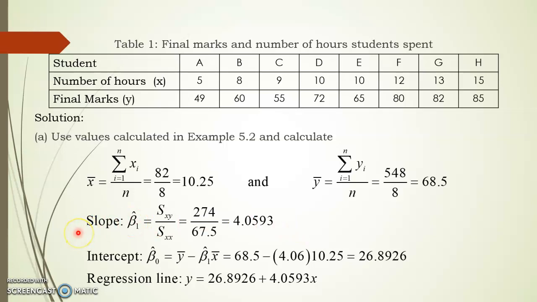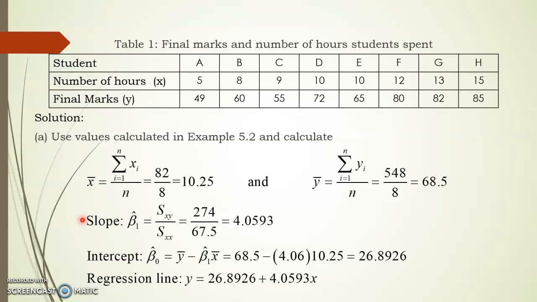So class, if the slope is positive, that means your variables have a positive correlation. It is synchronized. If the slope is positive, the linear relationship is also positive. If the slope is negative, the linear relationship should also be negative.